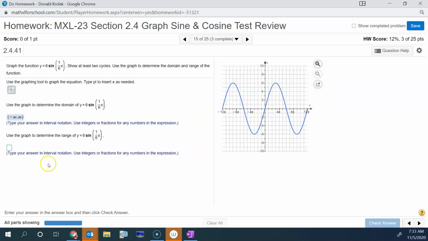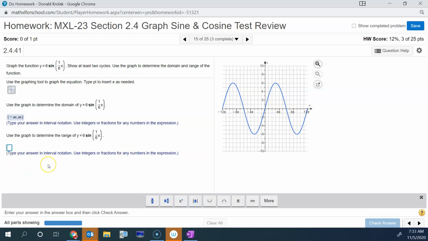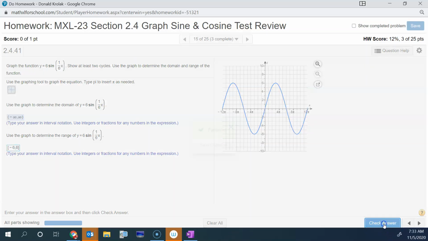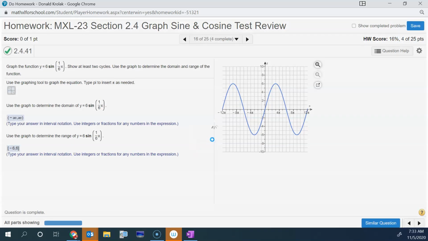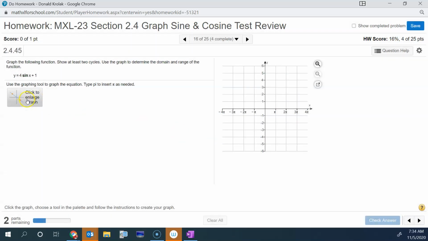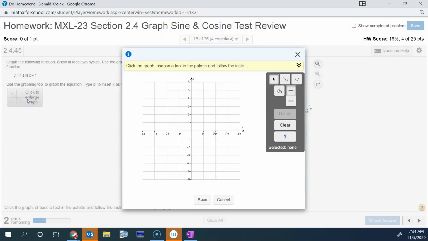Right, range up there. Dante? 2, right, -6, yes. Type in PI, and it'll give you pi.